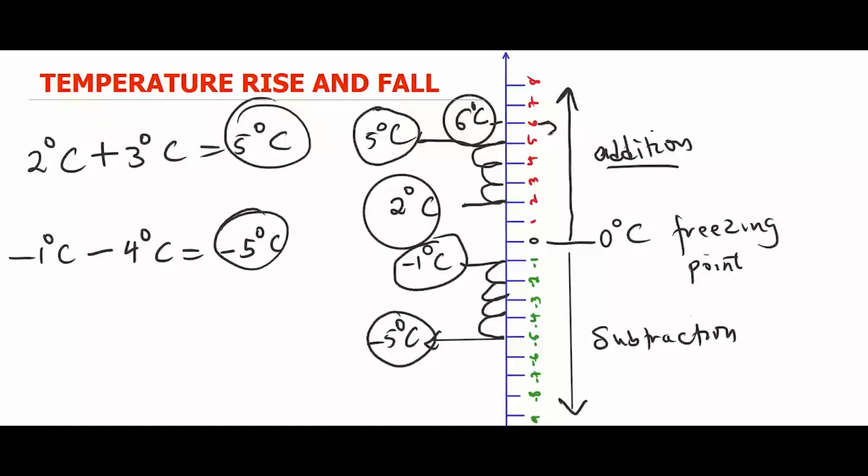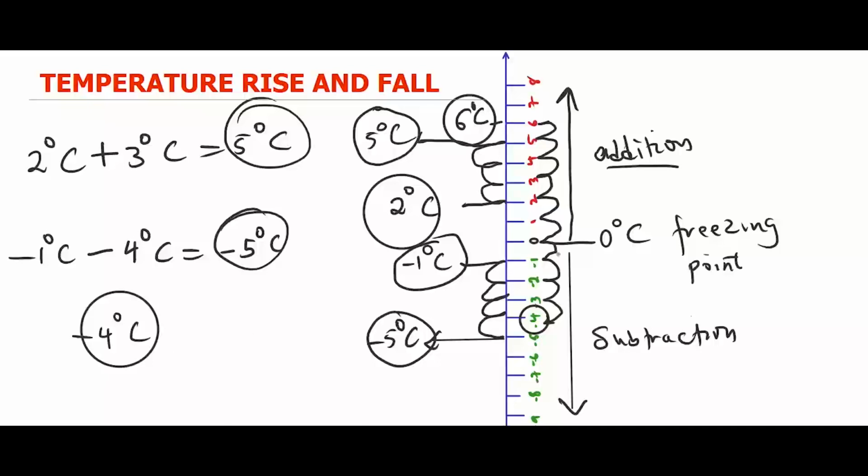Let's count 1, 2, 3, 4, 5, 6, 7, 8, 9, and 10. The new temperature will be -4 degrees Celsius. That will be the new temperature when the temperature of a substance at 6 degrees Celsius falls by 10.